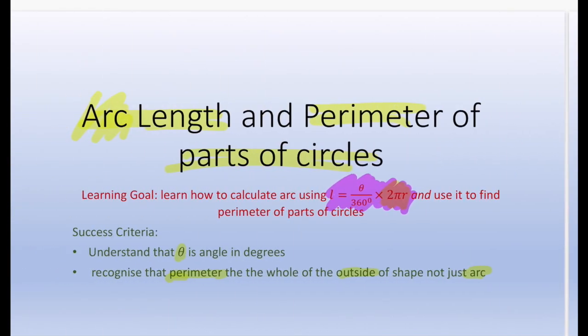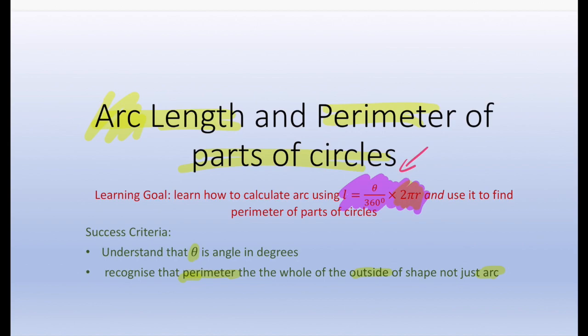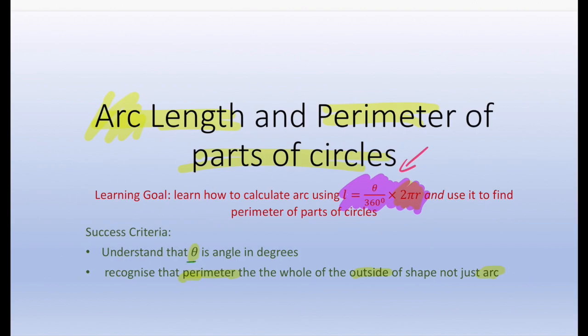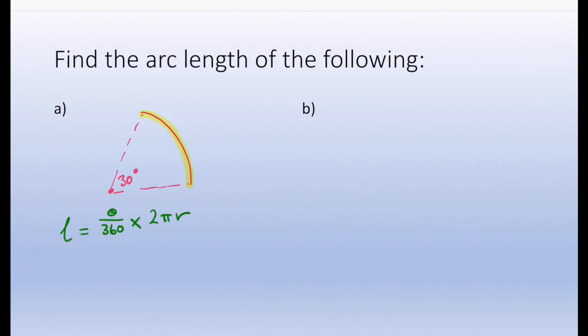So I need to get my formula from here, and the formula is length, and that means arc length, equals theta over 360. So this is a fraction multiplied by our circumference of a circle, which is 2 pi r. One of the success criteria is that theta is an angle. So what's our angle?